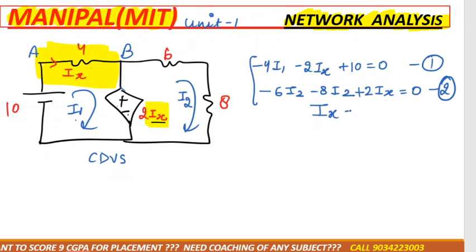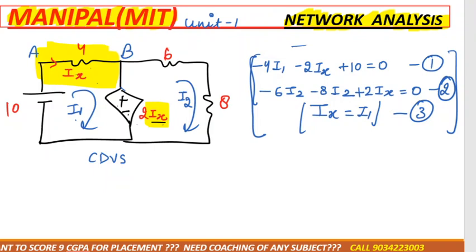Can we say that Ix would be equal to I1? Yes or no? If they are in the same direction, positive. If they are in the opposite direction, then that would be negative, right? So ये आ जाएगा.